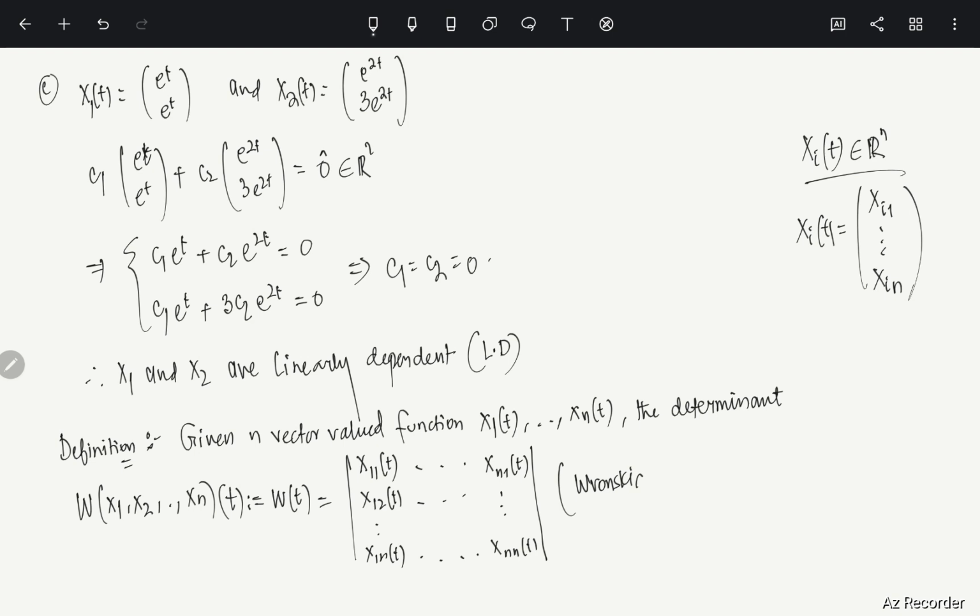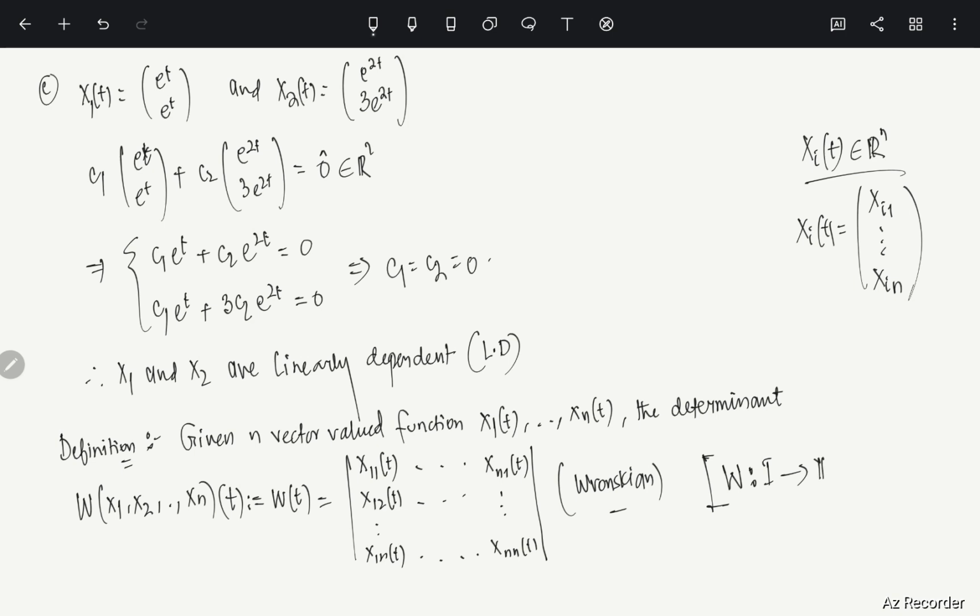Wronskian. So what is the Wronskian? Basically, it's a function. Please understand this. What sort of function is it? Wronskian is a function from t. See, this depends on t. So basically, given the n functions, it is taking values in whatever interval t is defined. So let's just assume that t is defined in I. And what is the end product? W of t is going to be a determinant.